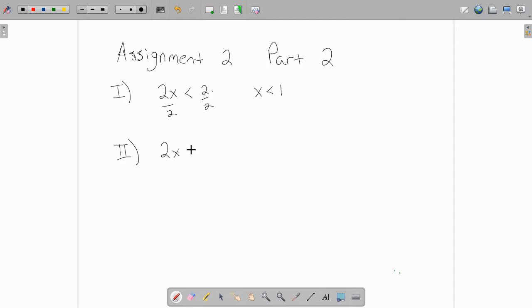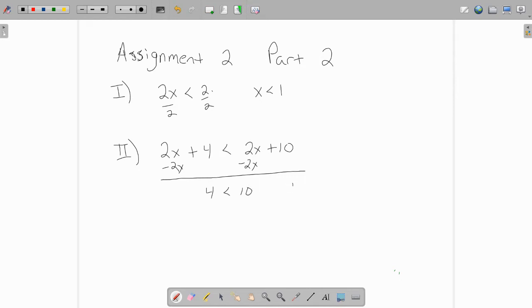Let's say we have 2x plus 4 is less than 2x plus 10. Now notice we have 2x's on both sides. If we subtract 2x, they cancel out on both sides, and we're left with 4 is less than 10.